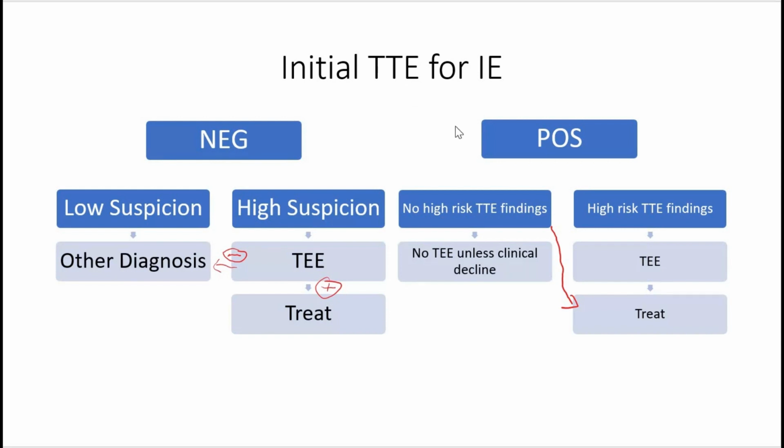If the initial TTE is positive, there are no high-risk TTE findings that we mentioned on the previous slide, then no TEE is indicated unless there's a clinical decline. So you would just treat. But if there's high-risk TTE findings, you ask for a TEE and then you treat.